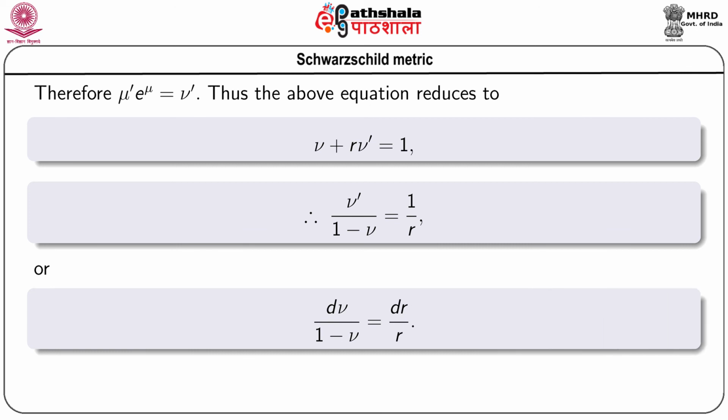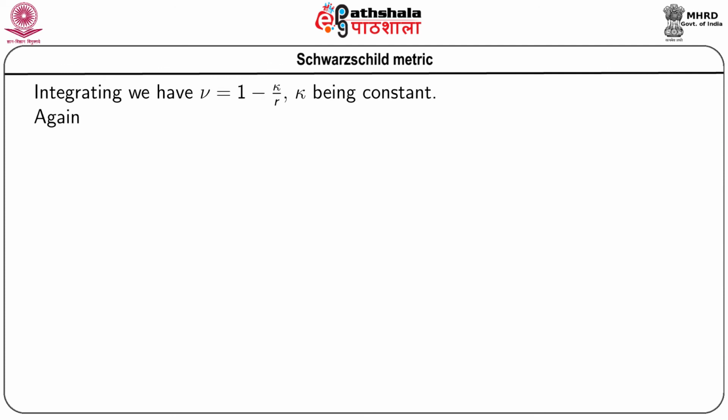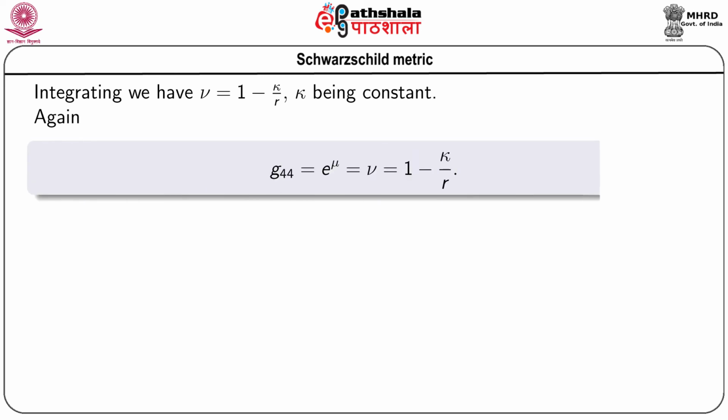So, writing in this form, it is dν/(1 − ν) equals to dr/r, and integrating we get ν equals to 1 − k/r, where k being a constant. Again from G44 we have e^μ equals to ν, that is 1 − k/r.